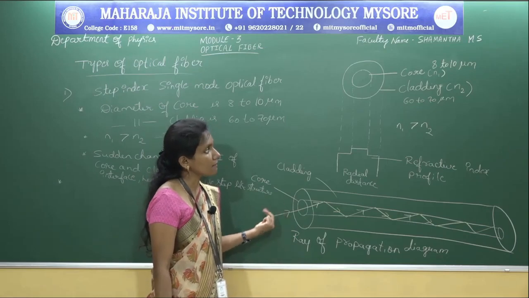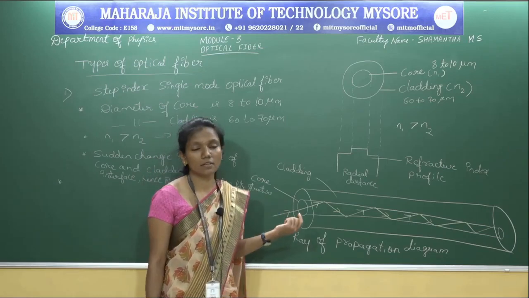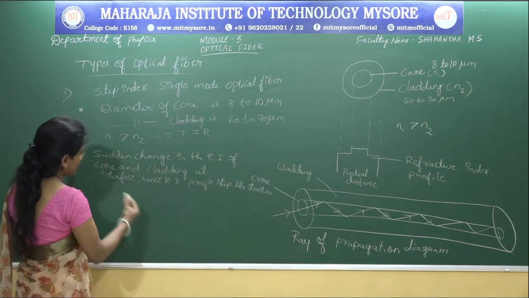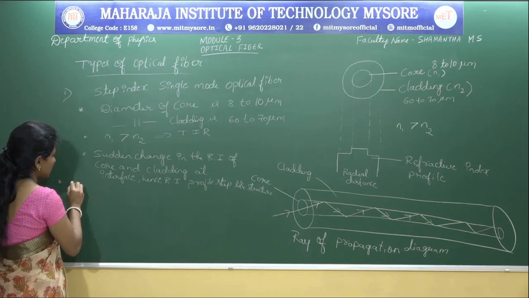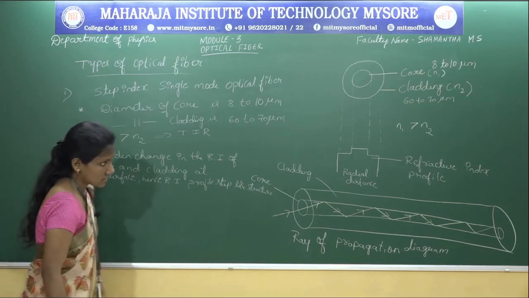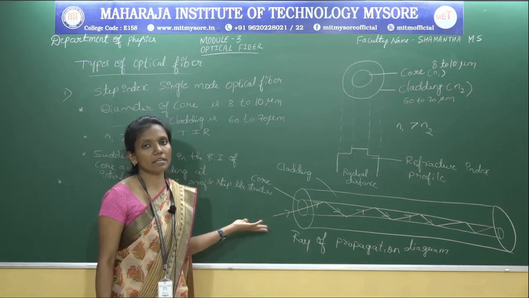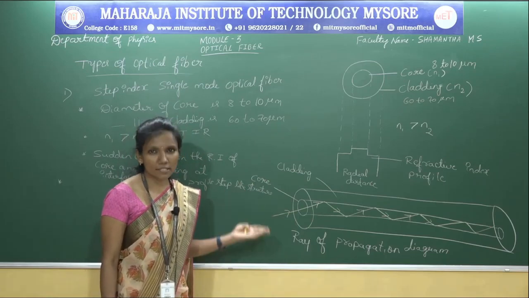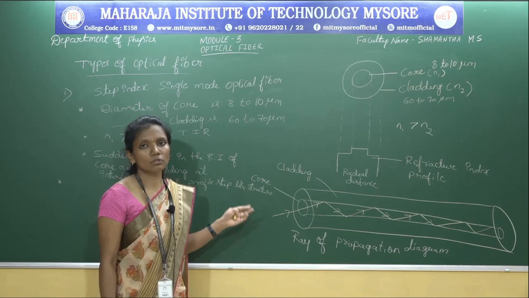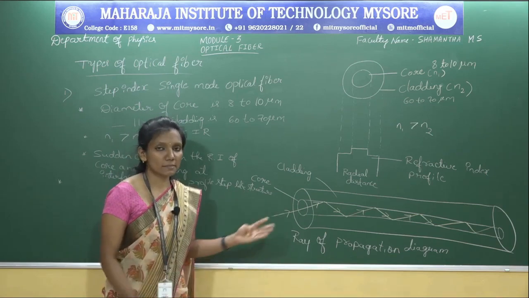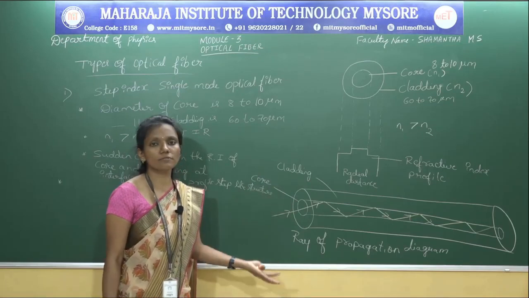Then what are the merits and applications? It is 80% in use, because we can transfer the light signal for a longer distance. It has a higher bandwidth, so there is no dispersion, since only one single ray of light signal is passing, and there is no loss of signal.